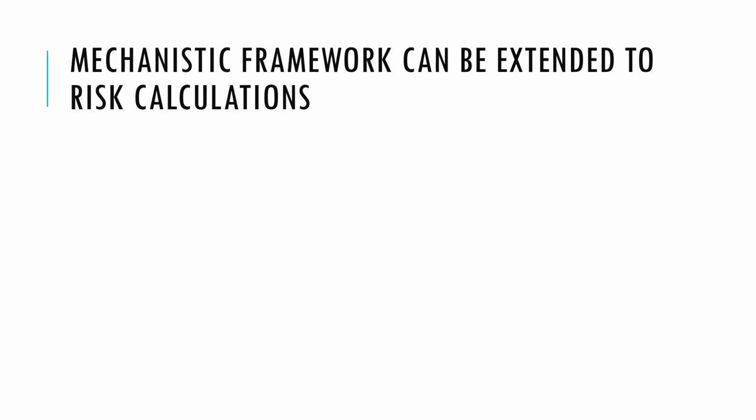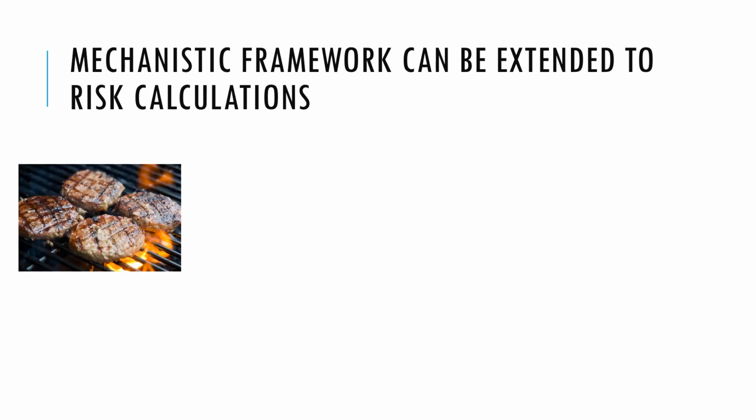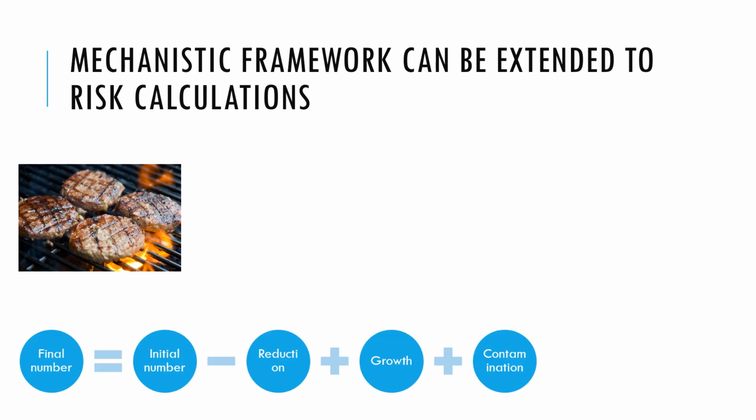So here I just want to mention the possibilities, not going into any detail. The mechanistic framework, for example, can provide a reduction in bacteria, or in some other example could be the amount of growth in bacteria. We can combine that with the initial number of bacteria, the initial load, or any recontamination.